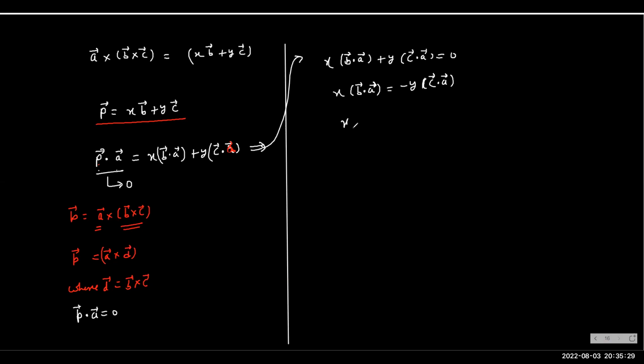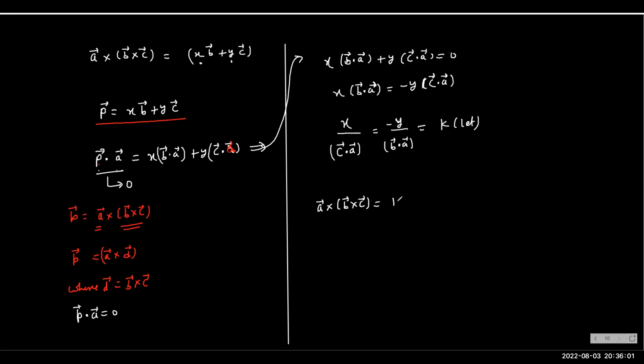And therefore you can write X upon C dot A equals minus Y upon B dot A, something in a ratio. And then you can assume this ratio as, let's say, K. So our answer, A cross B cross C, which we are trying to find, is XB plus YC.